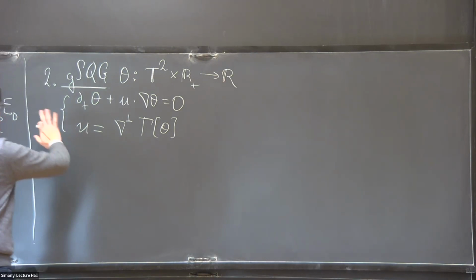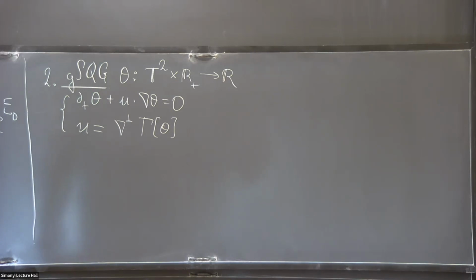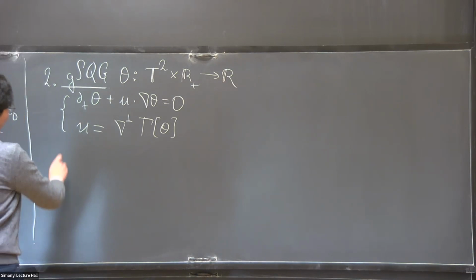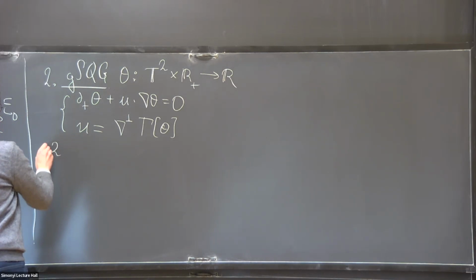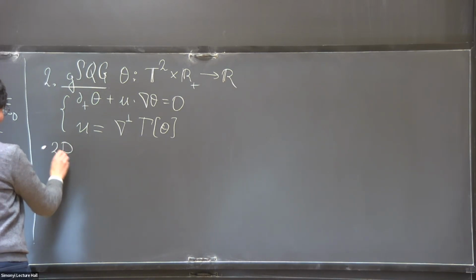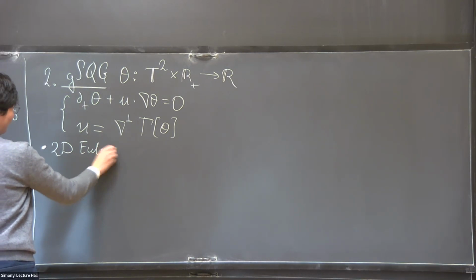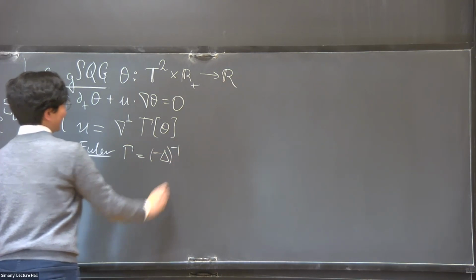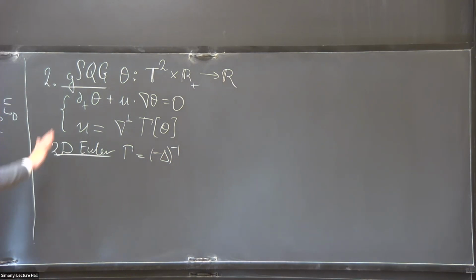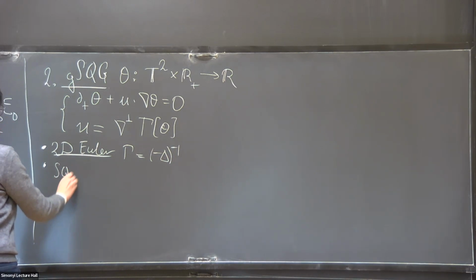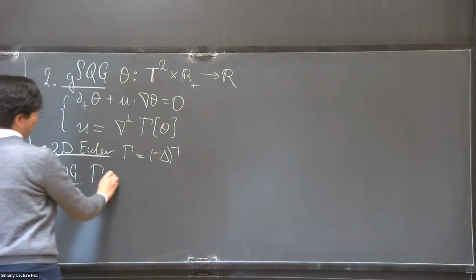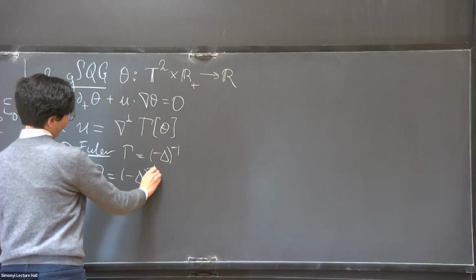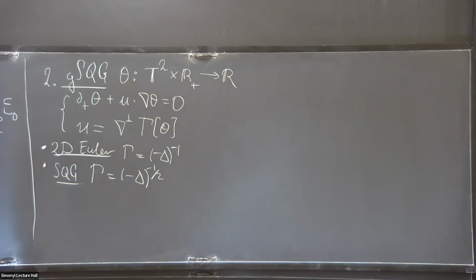So this is the so-called family of generalized SQG equations. And of course, the most well-known example is 2D Euler, when you take gamma to be the Laplacian inverse. And this is what is called 2D Euler. And SQG is when this is its fractional power.